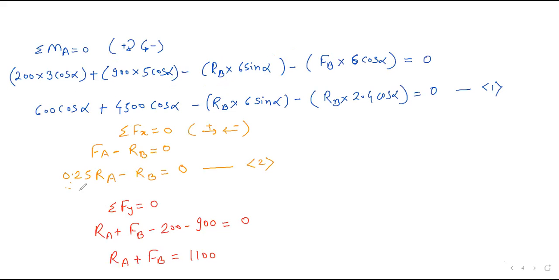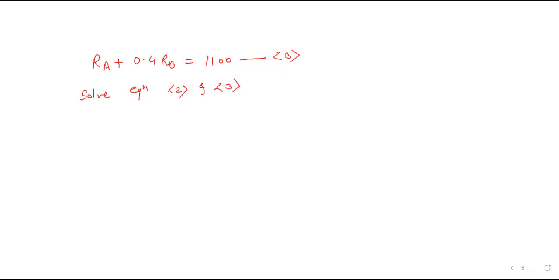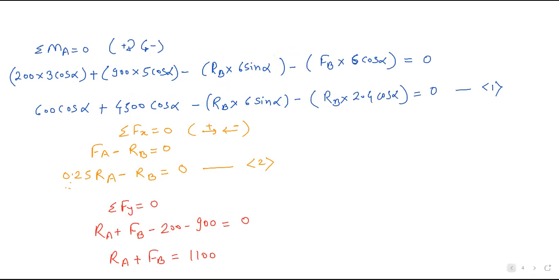This is your equation 2, 0.25 Ra minus Rb equal to 0. And here Ra plus 0.4 Rb is equal to 1100. So from this equation you can write now further. Therefore here you can write Rb is equal to 0.25 Ra. That is what we get from here.